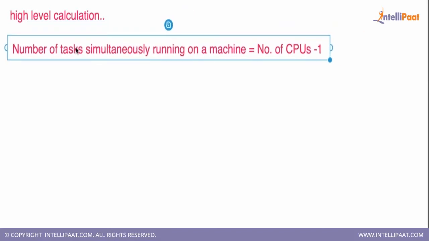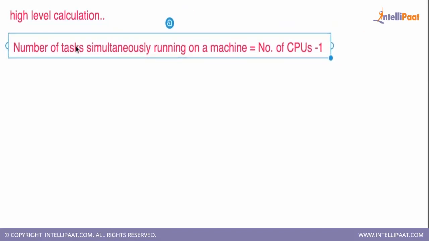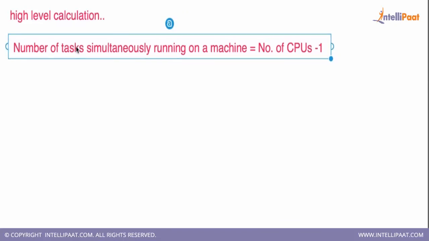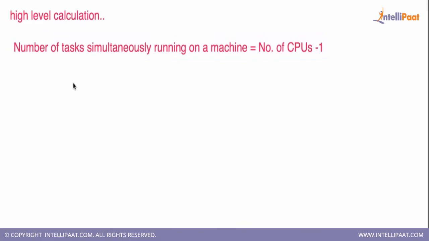In the real world, these numbers will not be shared with you. I'm giving you an internal thing here, but in the real world you will have no access to it. Even if you know this logic, your admin is not going to tell you how many CPUs you have. But I'm just telling you how you define it. The number of tasks that can run simultaneously on a machine is, let's say, number of CPUs minus 1. Let's say I have 100 machines and each machine has 16 CPUs.